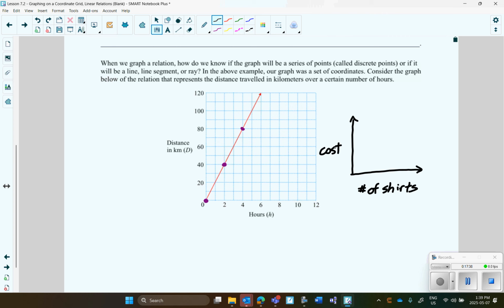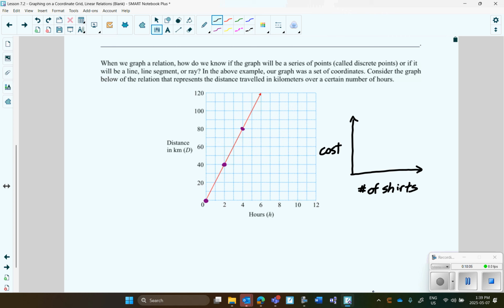And then the cost, depending on how many shirts. Would you connect that one? You could, right, but you can't have fractions of shirts, which means you can't draw a line through it. So in this one, you'd have to put just the dots.